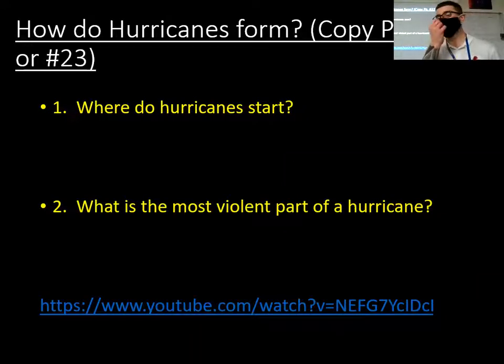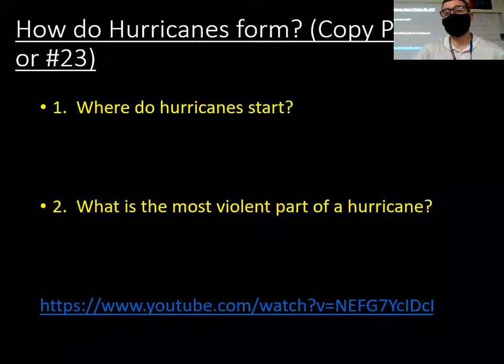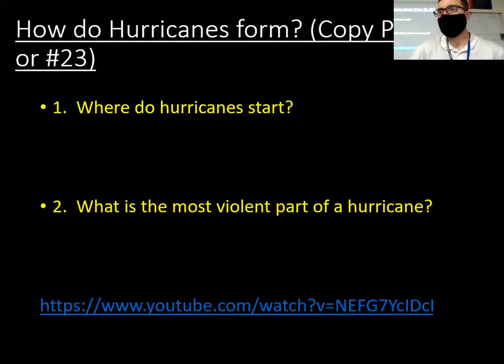I want us to know where exactly hurricanes come from in the entire globe. And number two, what is the most violent part of the hurricane? Is it the outer bands, the eye of the hurricane, or around the eye? What part of the hurricane is the worst? Take a moment and see what you guys think.